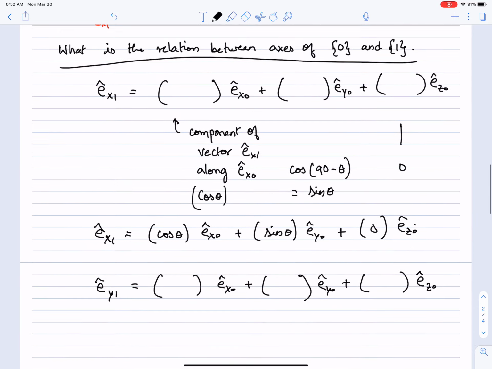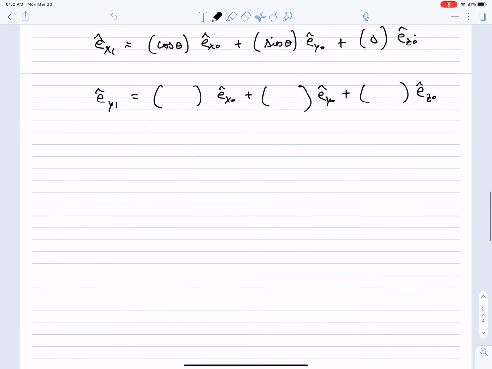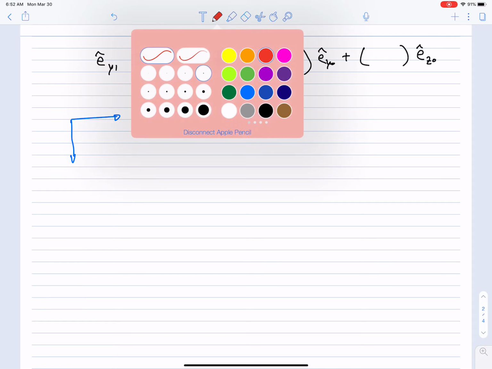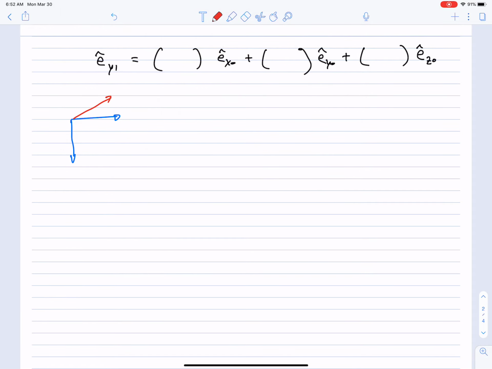What is that something? So let's in fact redraw it. This is theta, this is EY1, this is EY0, this is EX0.